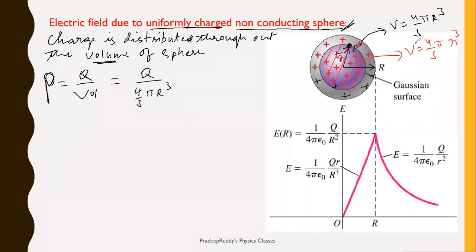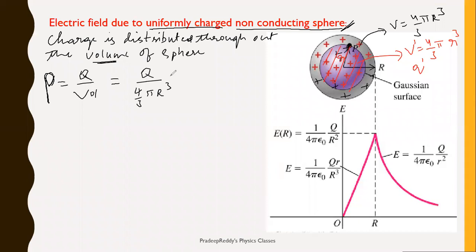I will be writing it as V dash. So we are choosing a small element in this particular sphere, and that element has some charge. I am considering it as Q dash.